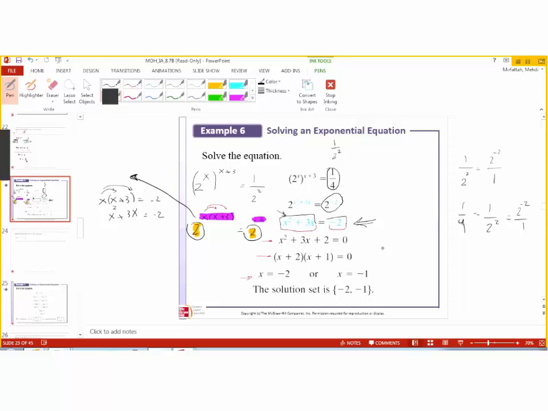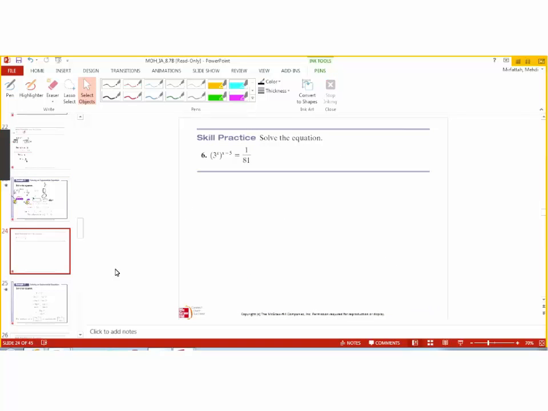So let's move on to the next example, the one I asked you to do on your own. Okay, who wants to go over this with me? Looks like a lot of you already did this. I have a check mark under my name. Who wants to grab a mic?